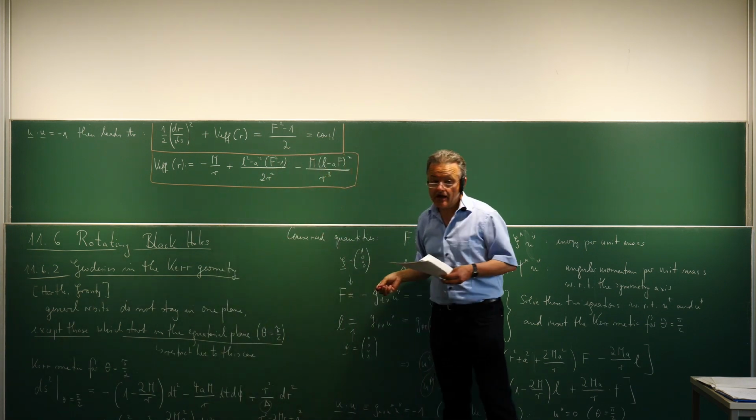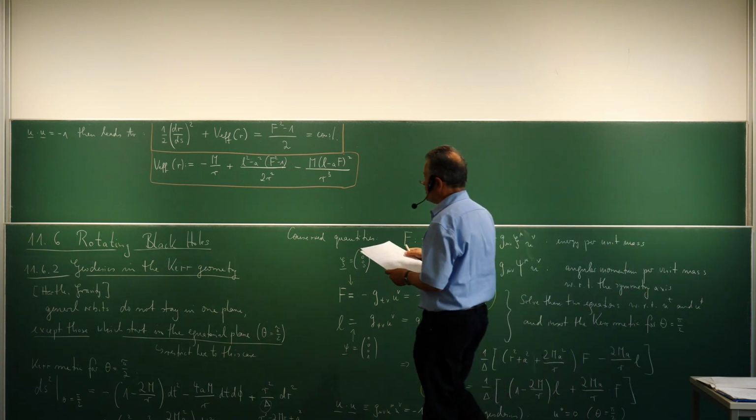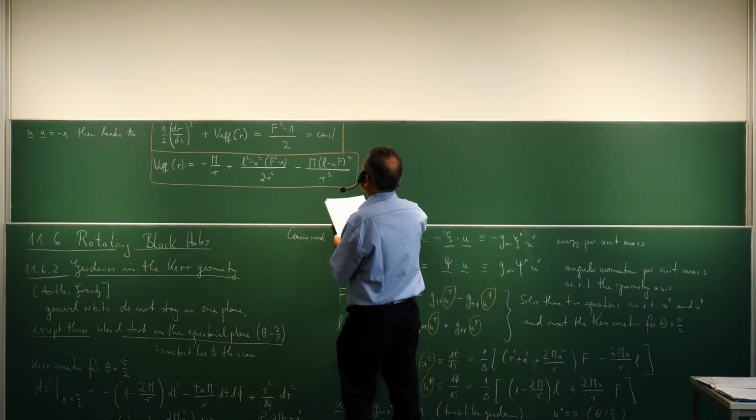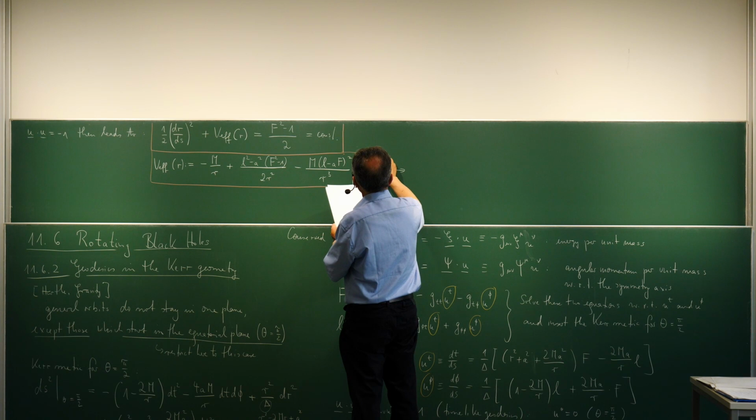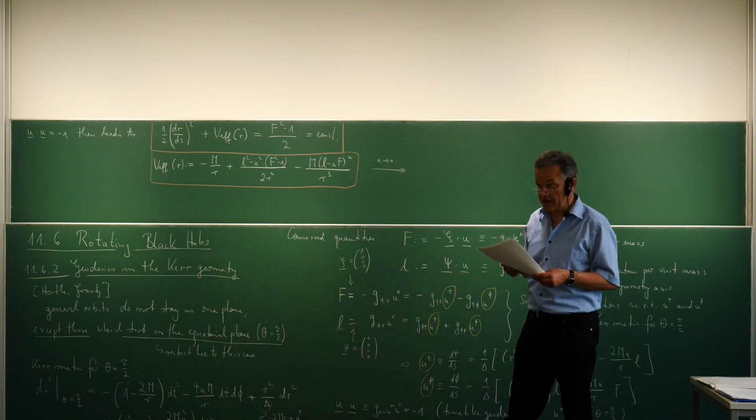So you see here that this is a natural generalization of the Schwarzschild case. So for a going to 0, recall a is J over m, where J is the angular momentum.